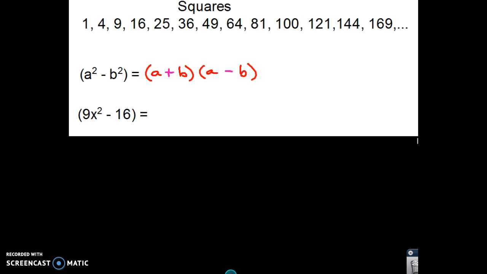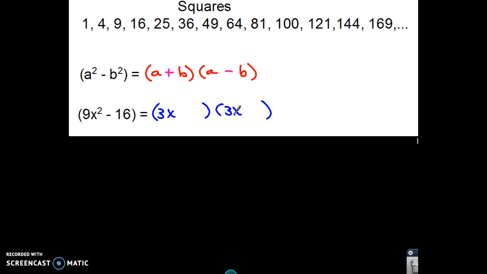All right, so let's look at this next problem. As you can see, we have a difference. Do you know the square root of 9? Yes, that's a 3. Here's an x squared. The square root of that would just be an x, and then a 4. So we'll write down our two brackets. The square root of 9x squared would just be a 3x and a 3x.